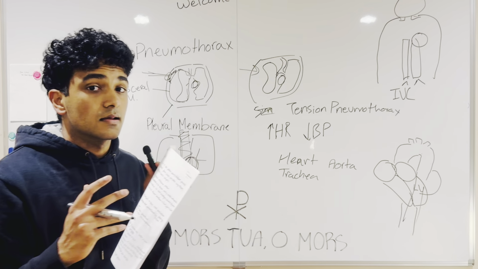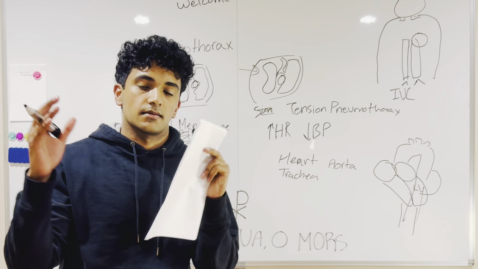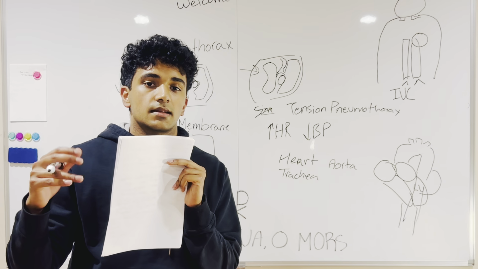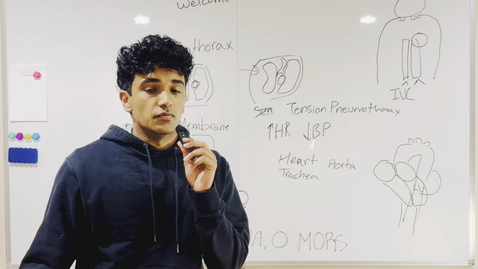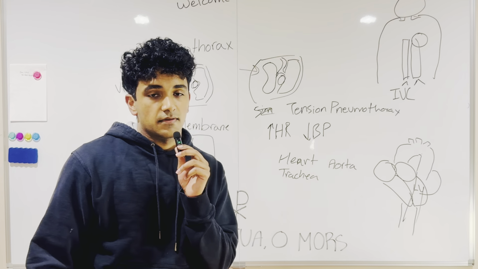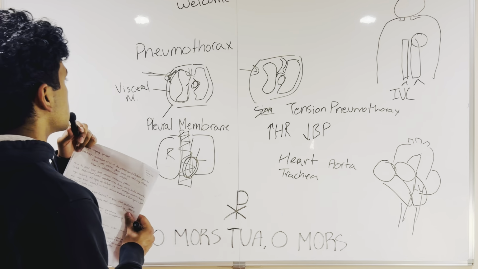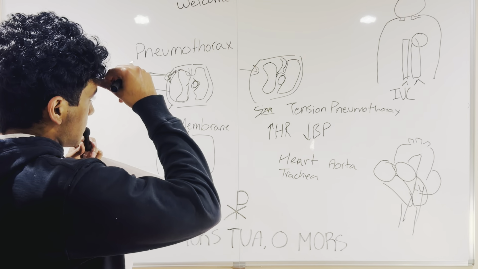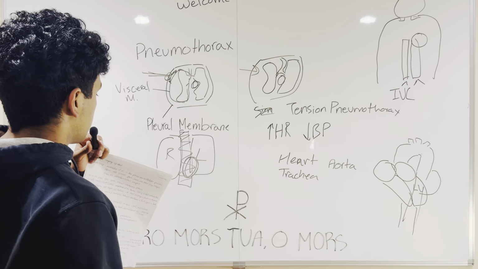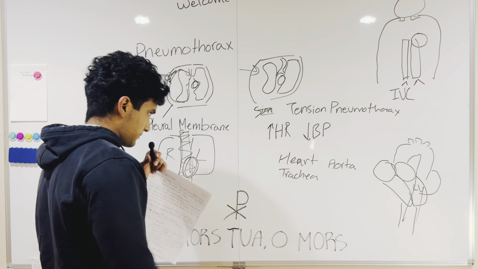So your skin moves with your lungs, like your lungs aren't just pumping up, big and small, and your skin's just staying there. Your skin actually moves with it. And that's really nice because then we can check for flail chest and other stuff that we're gonna cover. But anyways, we're not gonna cover oxygenation here because it's dependent on how much they're oxygenating and how difficult their breathing is, which is gonna change as it goes from a simple pneumo to a tension pneumo.